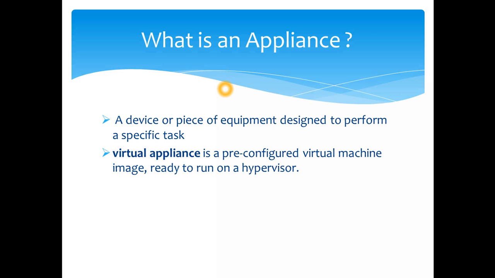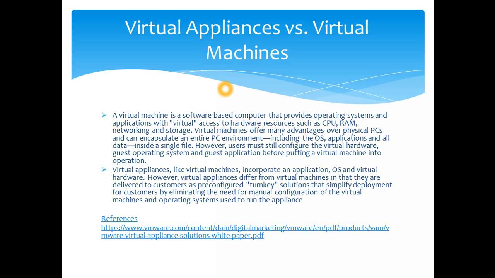I was researching a little bit about this topic and I found a really nice VMware white paper on VMware virtual appliance solutions. On there, this is the snip for what VMware classes as a virtual machine. I just want to go through some differences between a virtual appliance and a virtual machine.